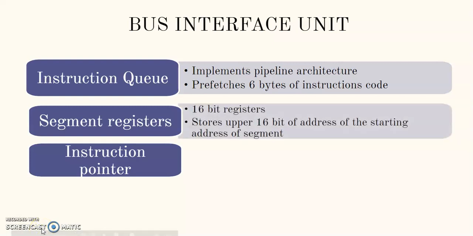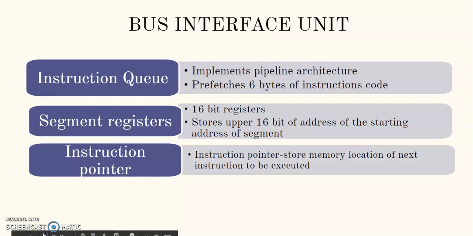Segment registers are basically 16-bit registers, and we will see in the coming lectures that the memory accessed by 8086 is divided into a number of segments, and the starting address, or the upper 16-bit address, of each of these segments is stored in the segment register. Then the instruction pointer register points to the memory location of the next instruction to be fetched.